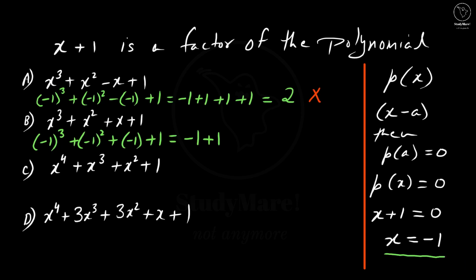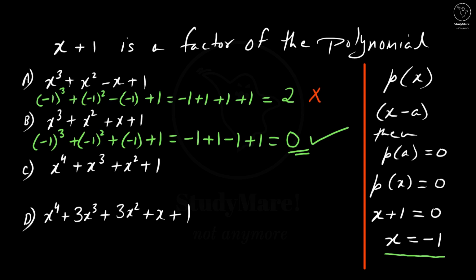Plus into minus 1, we get minus 1, plus 1. This is equal to 1 plus 1, 2, and minus 1 is minus 2. So plus 2 minus 2 gives us 0. This is the answer. Here we got the value as 0, which means that this is the factor.